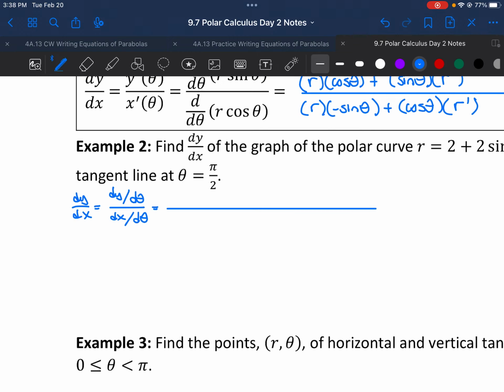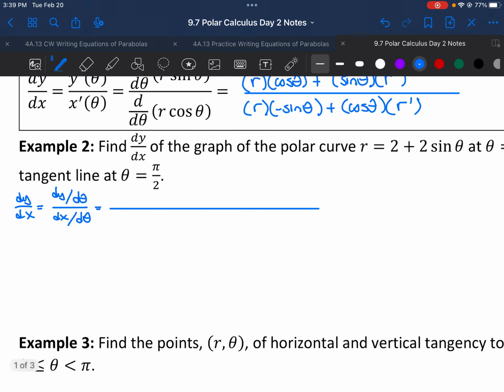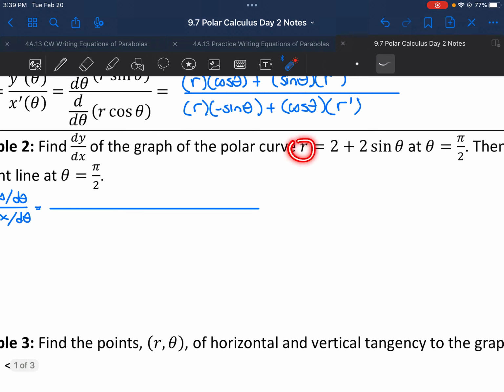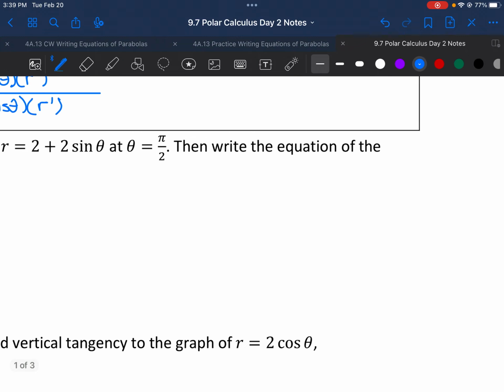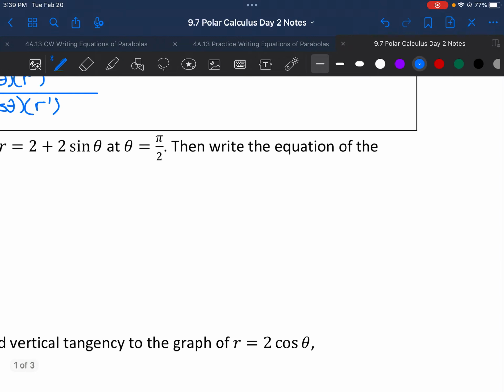well, for dy d theta, remember y is r times the sine of theta. So r itself is 2 plus 2 sine theta. So we have to find dy d theta. Let's make some notes off to the side here. Let's go ahead and get x and y.